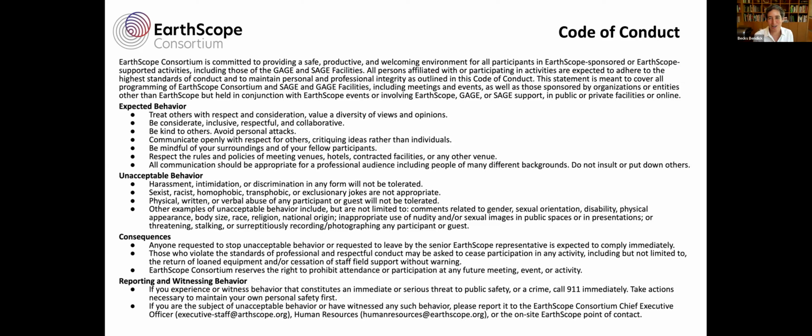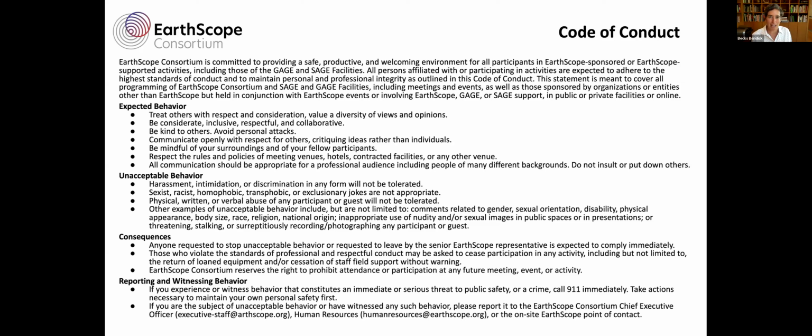The EarthScope Consortium is a nonprofit organization, and our mission is to support geophysics in all of its forms, but particularly seismology and geodesy, through operating two National Science Foundation large facilities, one called GAGE that supports geodetic infrastructure and capacity building, and one called SAGE, which supports seismic infrastructure and capacity building.